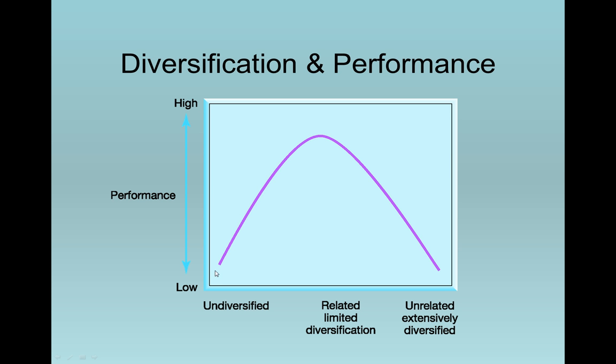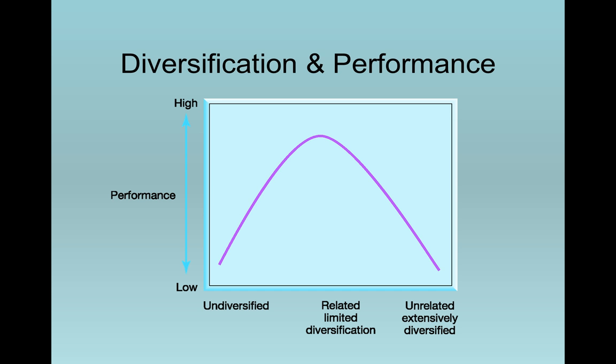So they start to buy a number of different businesses and incorporate them into their portfolio. There's a limited amount of diversification, but in the early days they start to see some benefits from this. Their performance, particularly perhaps their revenue, starts to increase, and if they're skilled managers, then they can make sure that the whole operation is more efficient and their profitability increases.